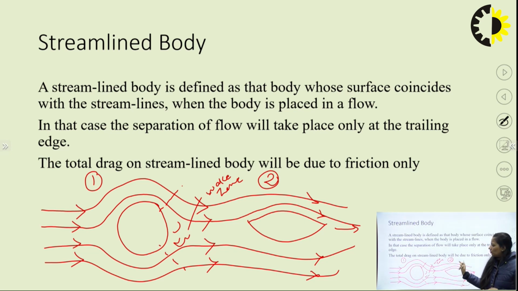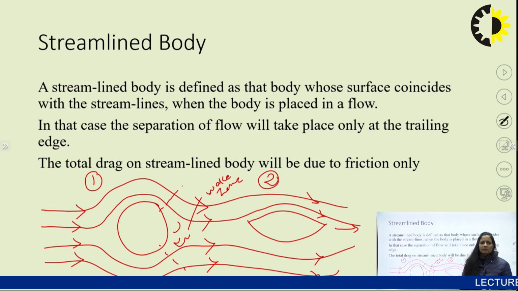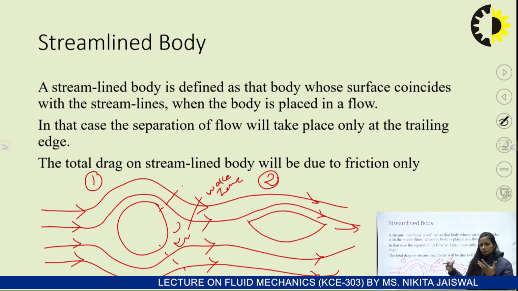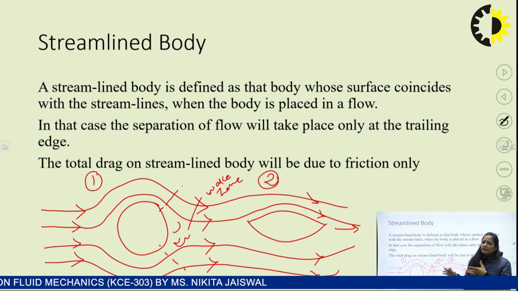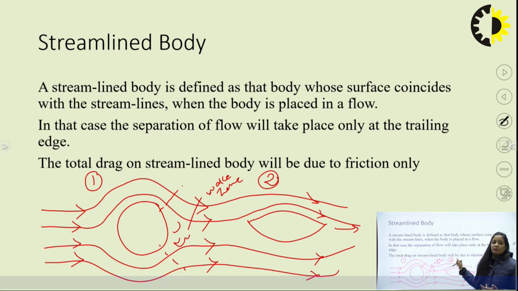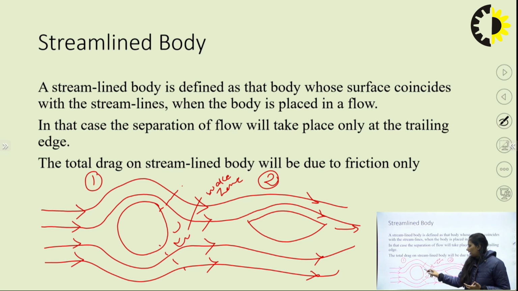Both the objects are actually streamlined. Streamlined means a smooth flow of streamlines should be there over the object, and the shape or geometry of the object is such that the object will be said to be a streamlined body. But in object number 1 and object number 2, the wake zone is not much farther than this particular zone.